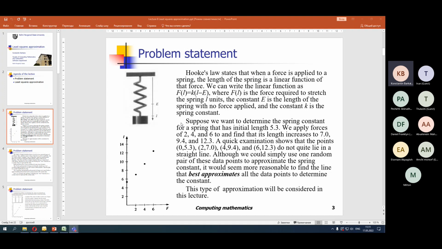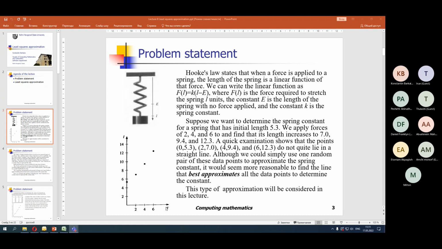And suppose that we want to determine the spring constant for a spring that has an initial length of 5.3. We apply forces of 2, 4, and 6 and find that its length increased to 7.0, 9.4, and 12.3. So we have 4 points.